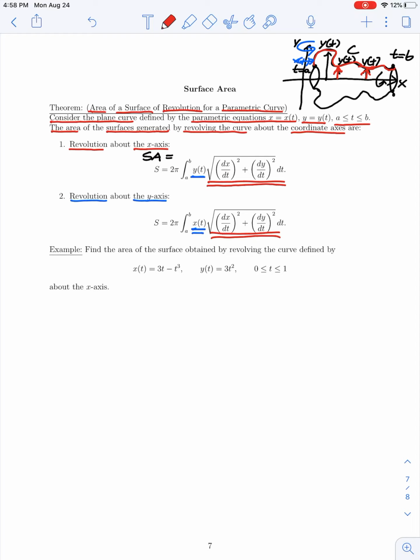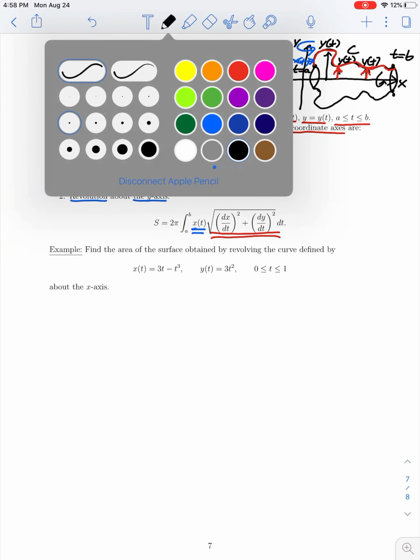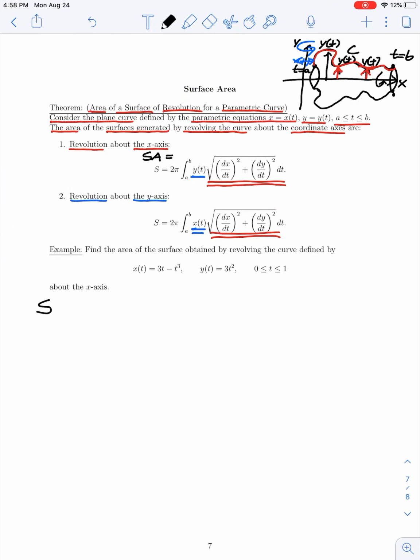In our first example, we're asked to find the area of the surface obtained by revolving the curve, whose parametric equations are given here, where t ranges from 0 to 1, about the x-axis. Let's set up our integral for surface area. We have a constant 2 pi times the integral with respect to t, where t ranges from 0 to 1.